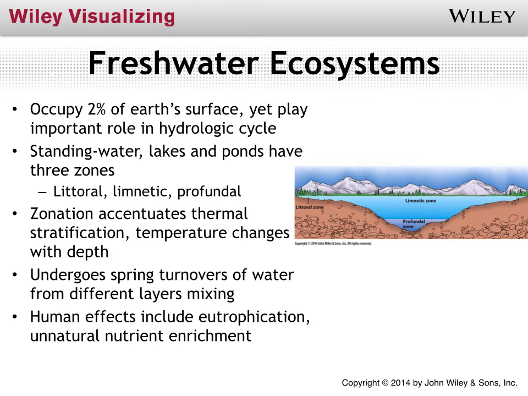Some of the main effects that we have caused to standing water ecosystems are things like eutrophication, which is a big word for saying that we are fertilizing the water. Natural standing water ecosystems are going to be fertilized by natural processes.